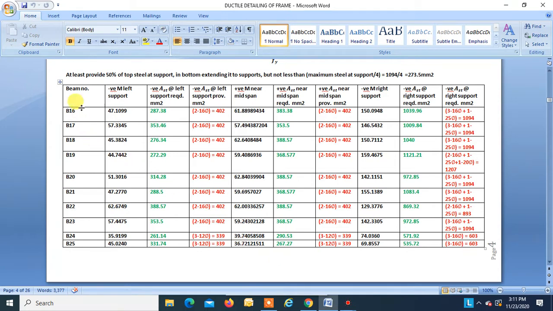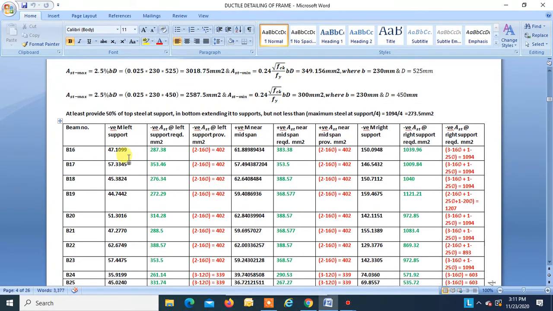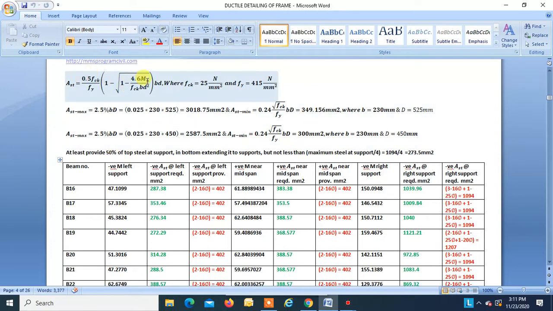Now let us take the first case, beam 16. This is the moment. Put the value of the moment over here, you get this steel. This is the steel required, and we are providing two 16 mm dia bars. The area is 402. This area should be greater than minimum and less than maximum, so it's okay.